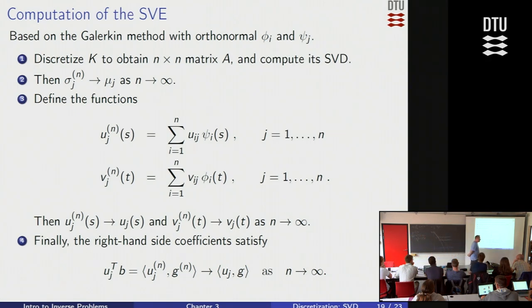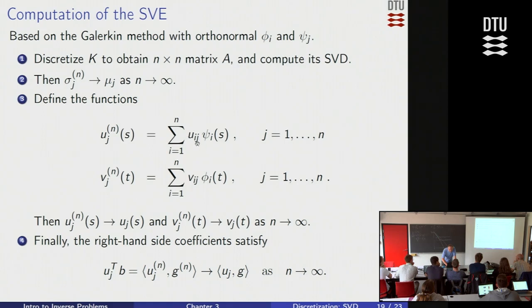So what about the singular functions? We compute singular vectors. Is there a relationship now between the elements of the singular vectors and the singular functions? Indeed, we just have to be careful how we define that. Right. So let's see. There's a sum here over the psi basis functions, and then there are some expansion coefficients here.